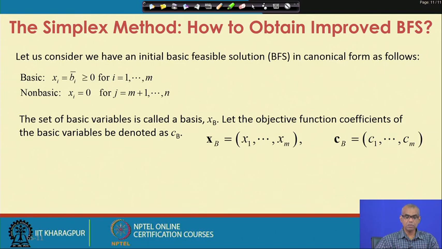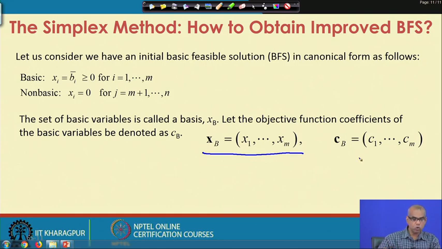The set of basic variables is called a basis and we represent this basis vector by xB. Let the objective function coefficients of the basic variables be denoted as cB. So, xB is the basis vector, and its components are the m basic variables, and objective function coefficients of basic variables are denoted by cB.